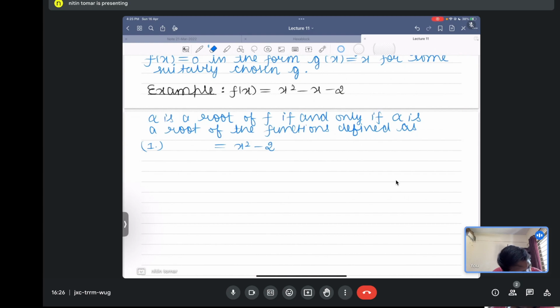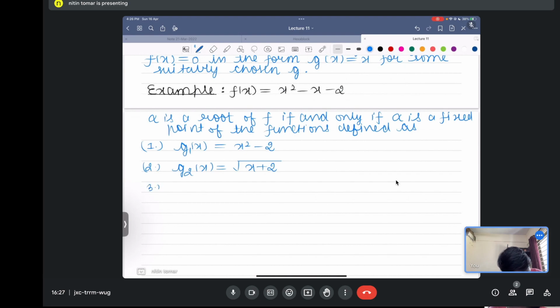If alpha is a fixed point of each of the following functions defined below: g1(x), second g2(x) is square root of x plus 2, right?